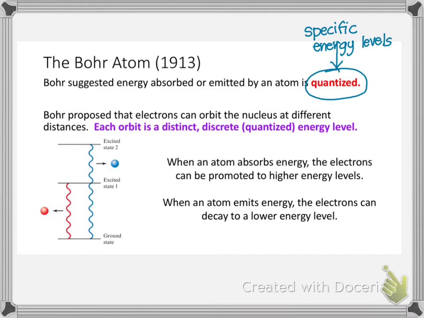If you see the word quantity in quantized, I always think there's certain quantities of energy that the electrons can have. Now, let me give you a real-life example of something that is quantized. The opposite of quantized would be something that's continuous. I didn't make up this example, but it makes sense to me. So stairs are quantized.